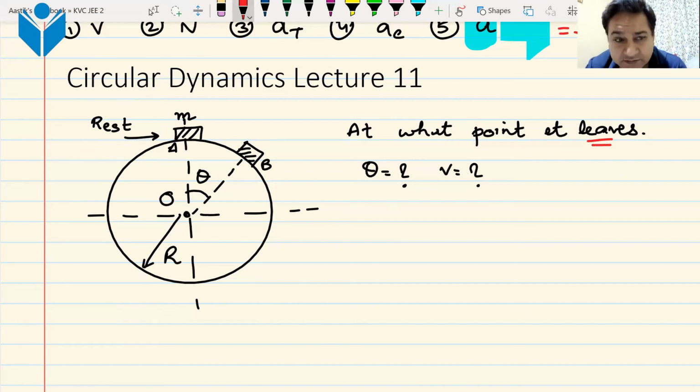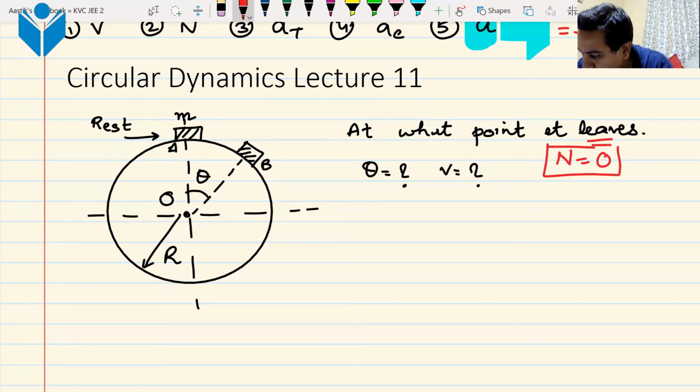When they're in contact, they are applying normal reaction force on each other. When they leave contact, their normal reaction becomes 0.